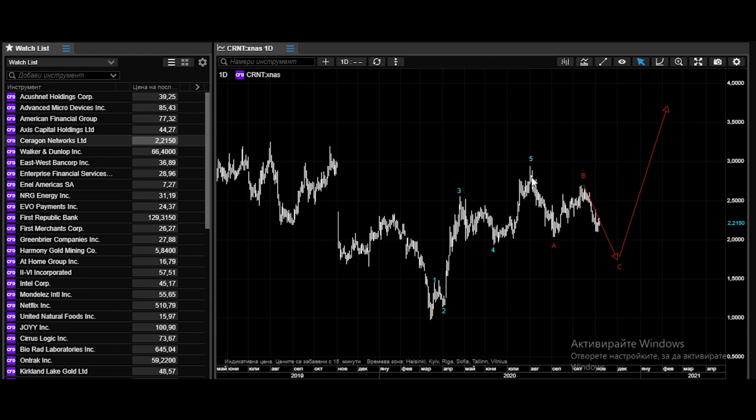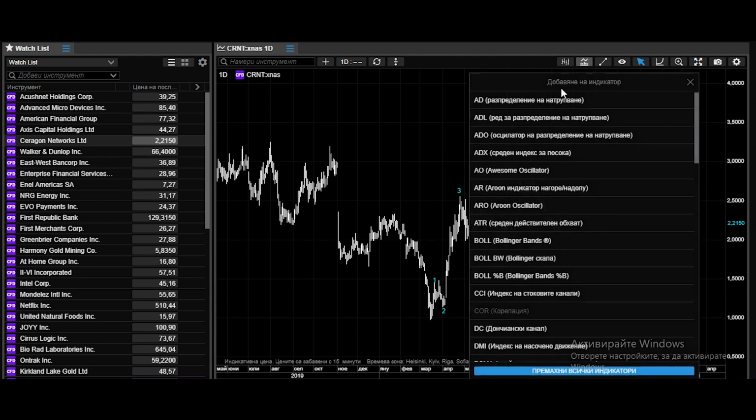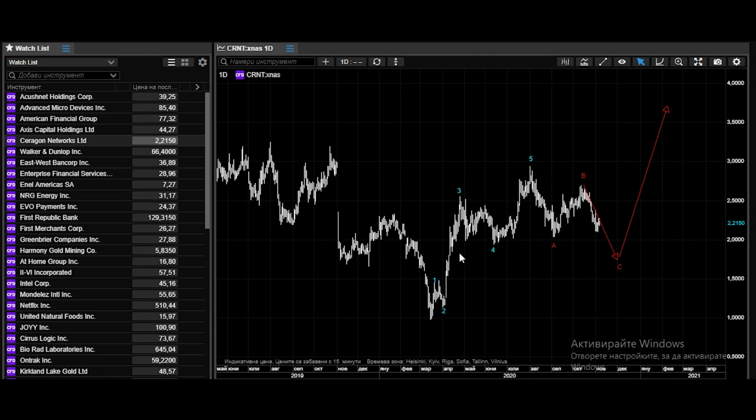I also notice that in the fifth wave we have clearly visible 5 waves: 1, 2, 3, 4, 5. There is a flat correction here and maybe a zigzag here.